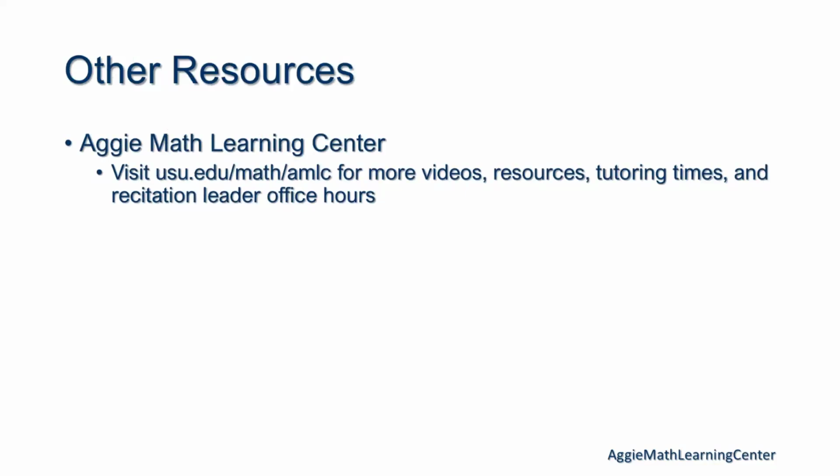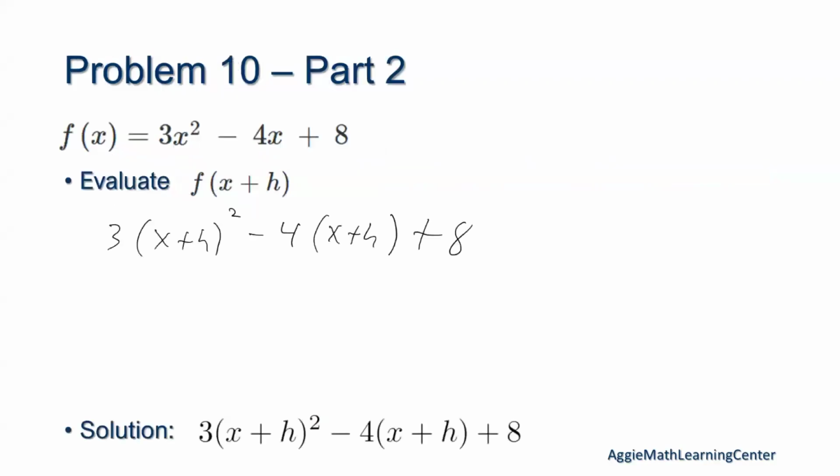Then there are other resources if you need extra help. Yes. Oh, sorry, it's not necessarily about the math, but on the test, do you know if we have to distribute on x plus h? Like put the 3 in x and h and 4 in x and h, or if we can just leave it as that?